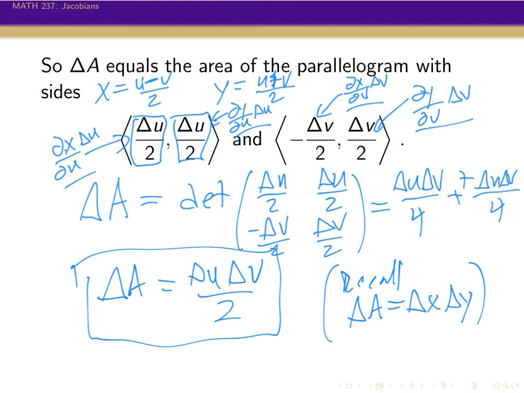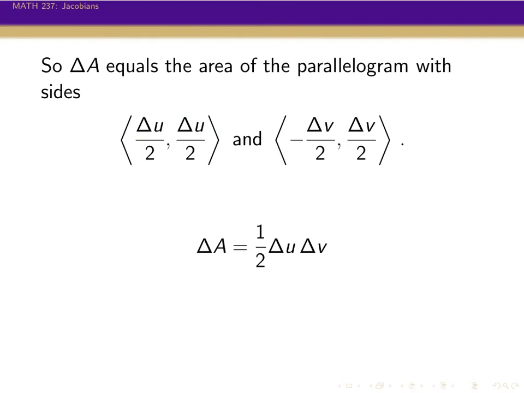Okay, so we have our delta A. Delta A is 1/2 delta u times delta v. Okay, so then if we're going through and thinking about forming the integral, then we have to think about what happens as we take the limit as delta u and delta v go to 0.